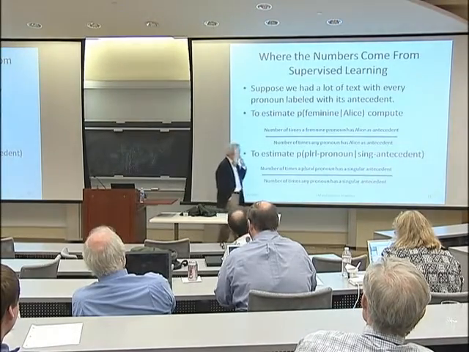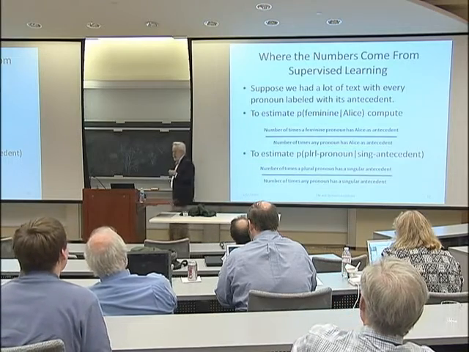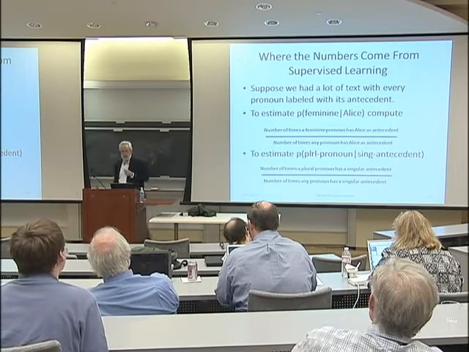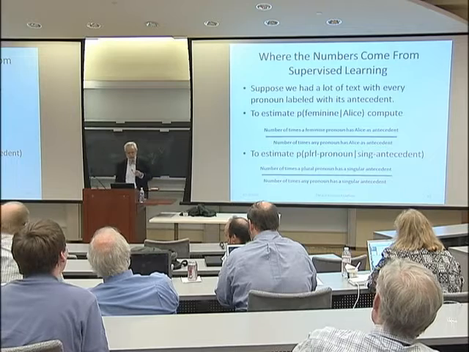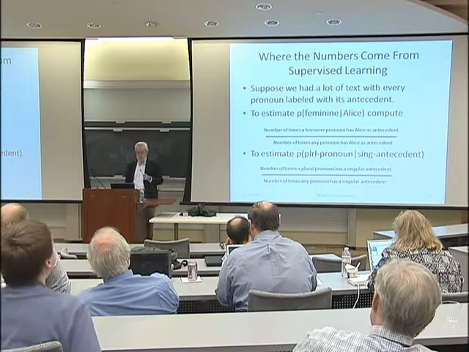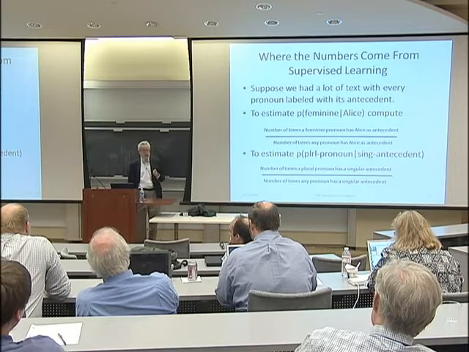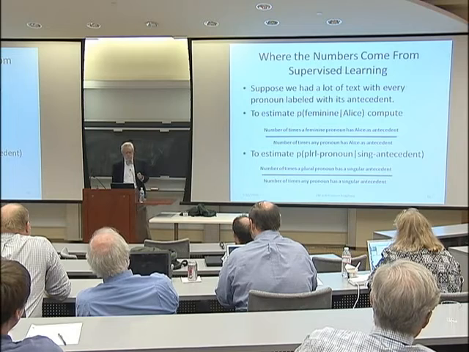So let's briefly talk about what EM is. EM stands for Expectation Maximization. And here's the way I like to explain it. Let's start out with supervised learning. Suppose we had a lot of text with every pronoun labeled with its antecedent.